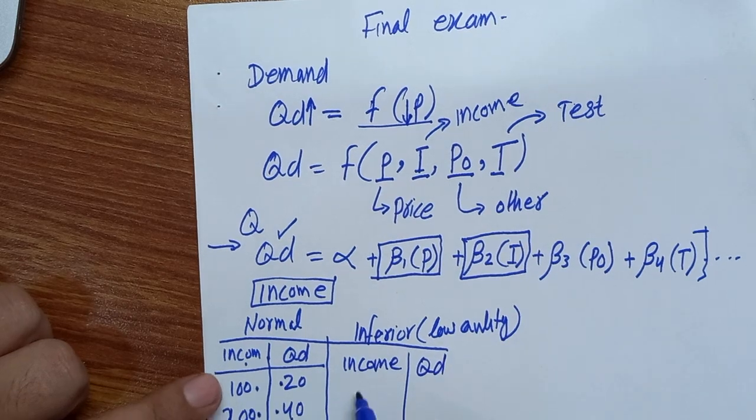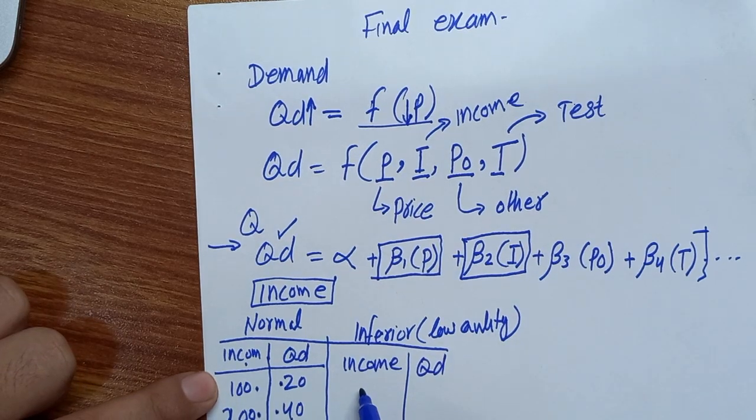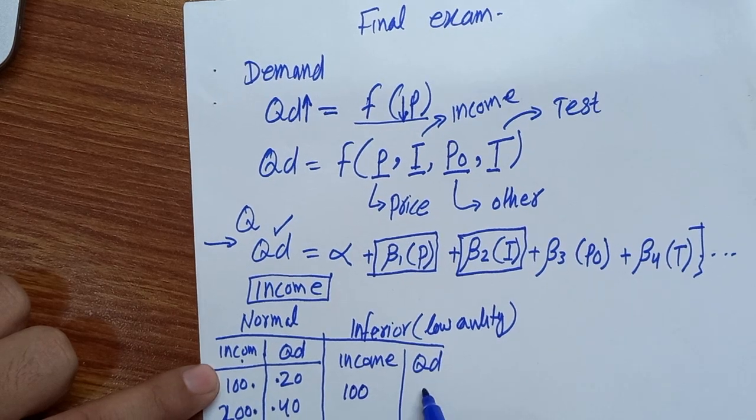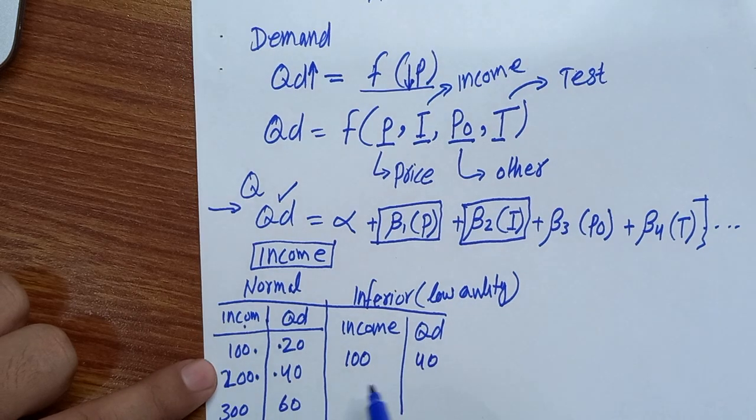what will happen? Let's say when they have 100, they will buy more low quality product. Let's say they are buying 40 of the low quality product.